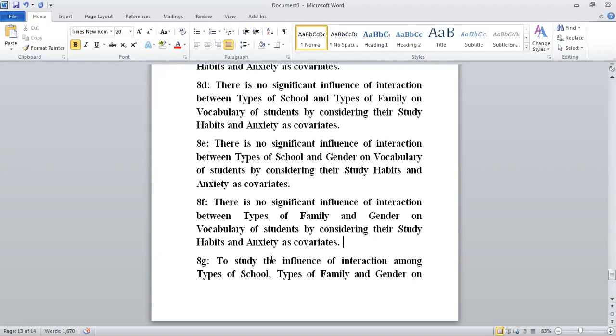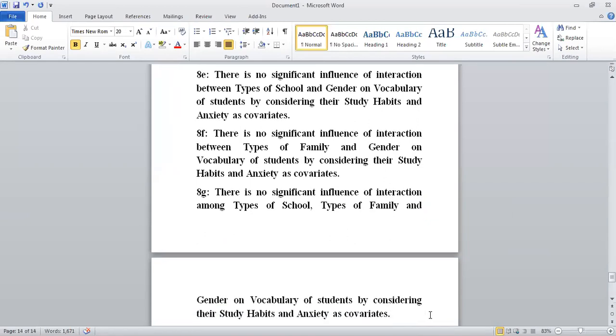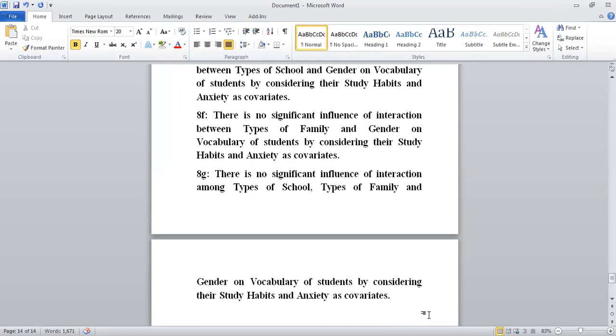And then another is that there is no significant influence of interaction among types of school, types of family, and gender on vocabulary of students by considering their study habits and anxiety as covariate.